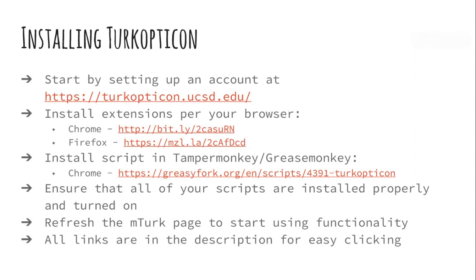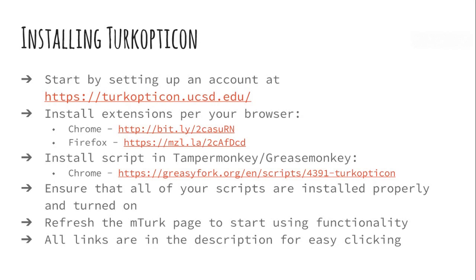In other webcasts, I've discussed how to go about installing Tamper Monkey or Grease Monkey for your particular browser. But in case you're not familiar with that, I would say go back to my webcast after this and look at that more extensive discussion of it. But here are some links in case you're familiar with Tamper Monkey and Grease Monkey and you just need a pointer.